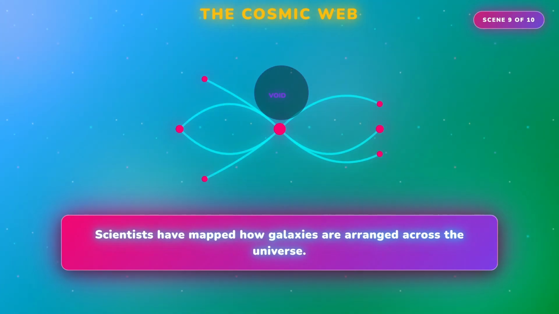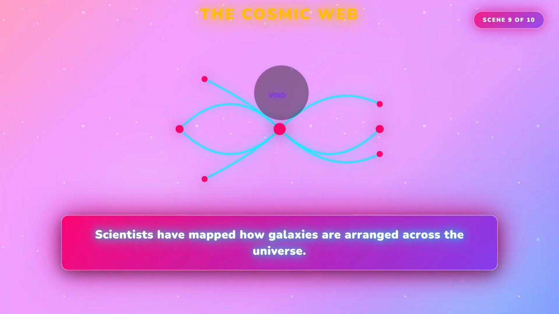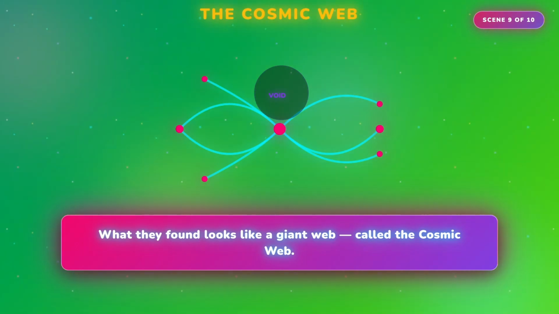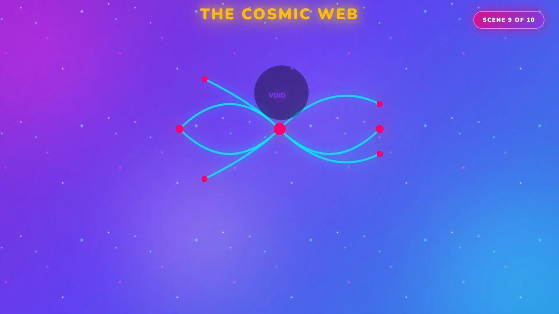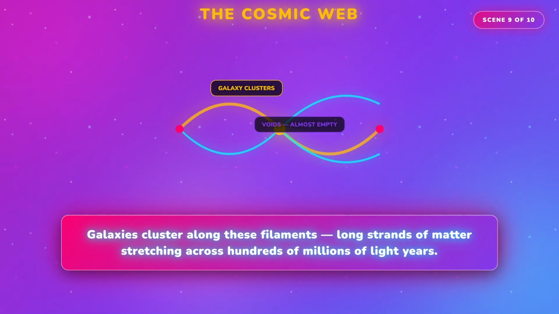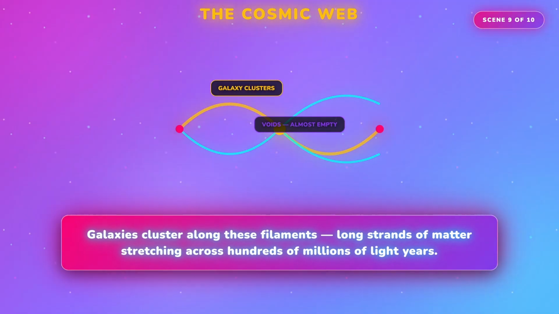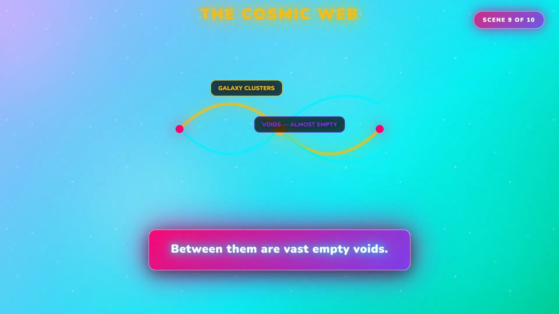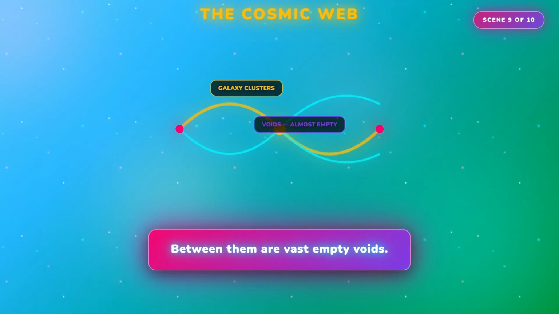Scientists have mapped how galaxies are arranged across the universe. What they found looks like a giant web, called the cosmic web. Galaxies cluster along these filaments, long strands of matter stretching across hundreds of millions of light years. Between them are vast empty voids.